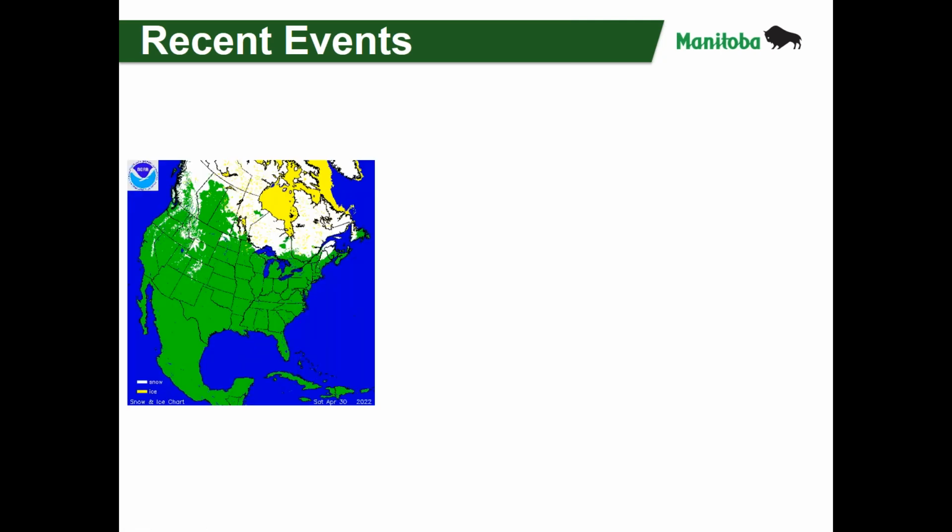So in terms of recent events, this is the snow coverage over the last 5 days. And this is very important, especially with regards to the flood water that we have.